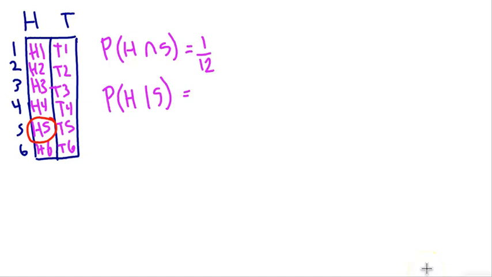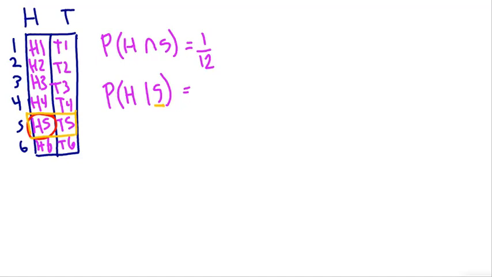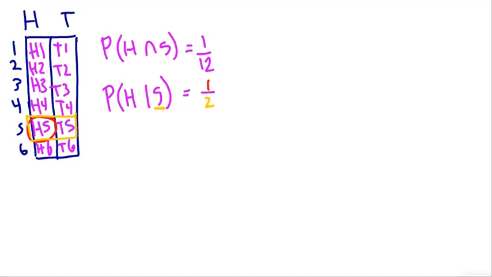We can also prove independence by looking at the conditional probability. So if we want to calculate the probability of H given 5, we limit our sample space to only outcomes that have 5. We then calculate the probability of H using only those outcomes.